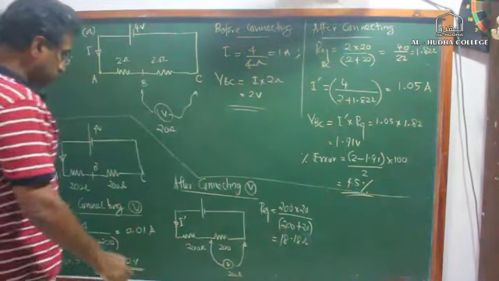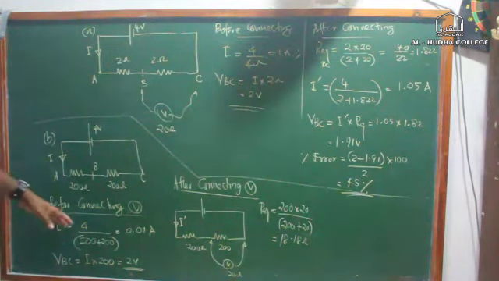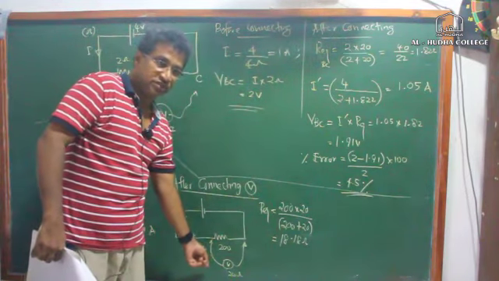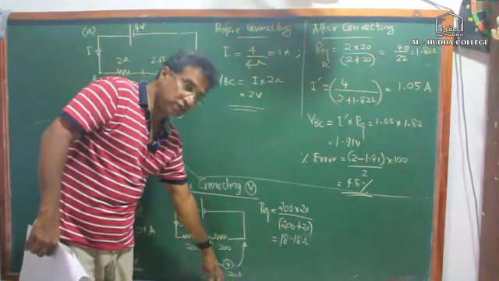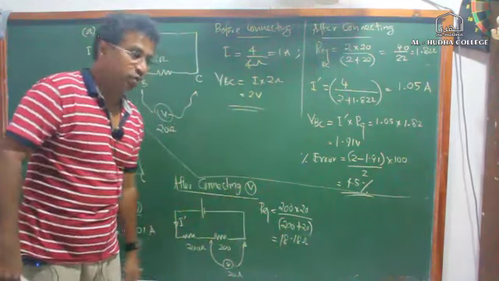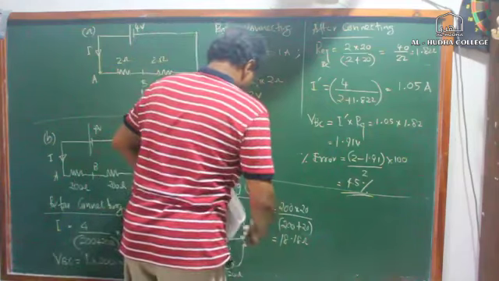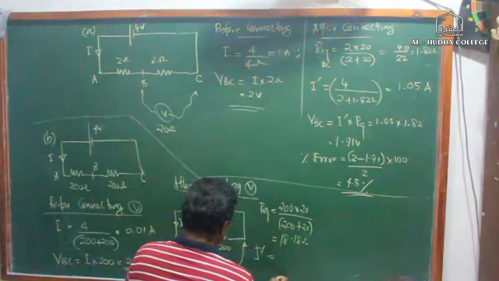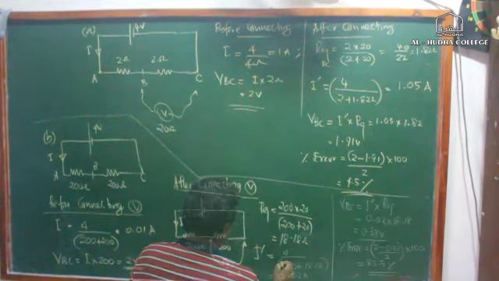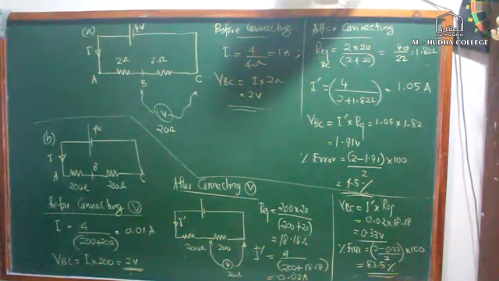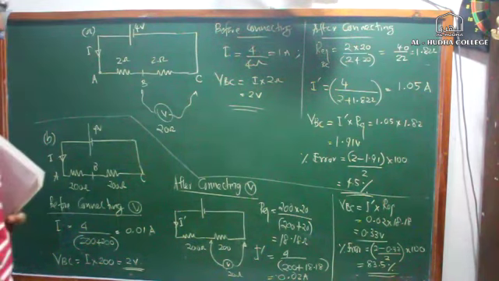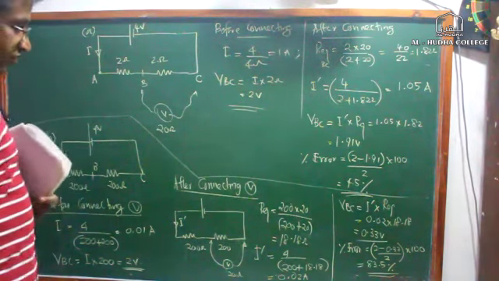You know that when there are two resistors in parallel, the equivalent resistance is less than the lowest resistance. So here the lowest resistance is 20 ohm, so we are getting 18.18 ohm, right? So with R equivalent we can find I dash. After connecting the voltmeter, the error is 83.5%. 83.5% is a very huge error.